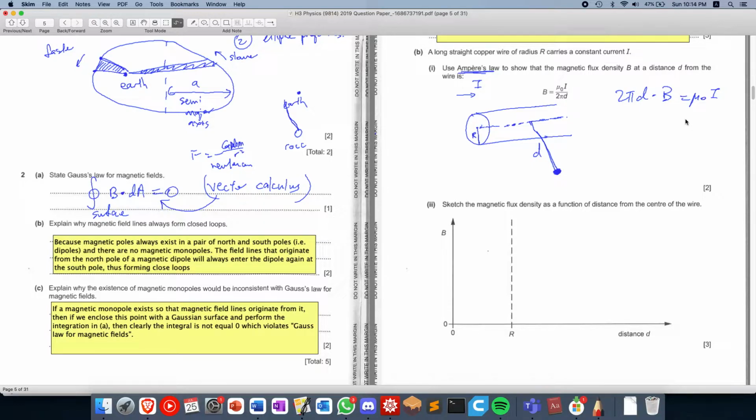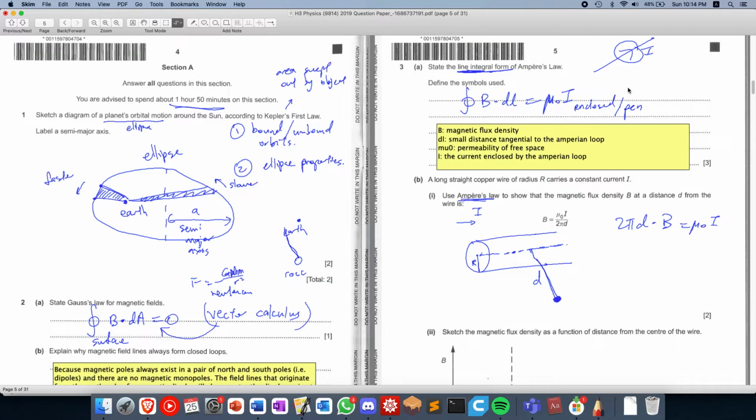But I'm going to go into a digression again and share with you why our seemingly complicated B dot dl suddenly reduces to something as simple as a multiplication.